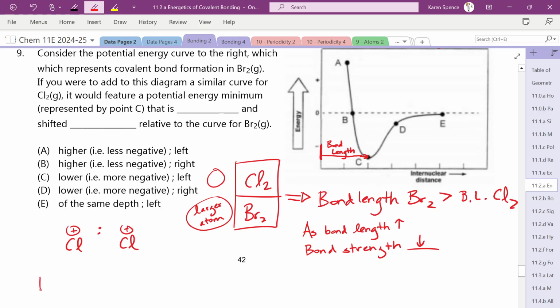And if I have Br, it is bigger. So its nuclei are further from the shared electrons on average. Does that make sense? And so if the distance is greater, the Coulombic attraction is smaller.